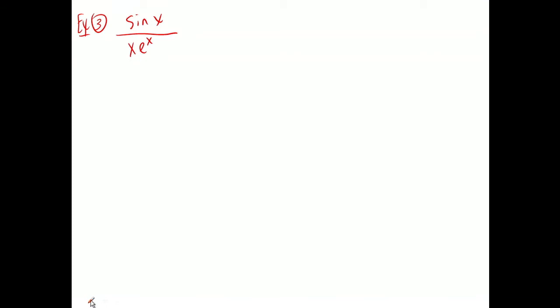So I kind of feel the quotient rule is in my future. But also, look at the bottom of the fraction. That's x times e to the x. Well, that's a product of two functions, which if we've learned anything so far, hopefully, it's that if I have a product of two functions, I have a rule for that. I have a product rule.